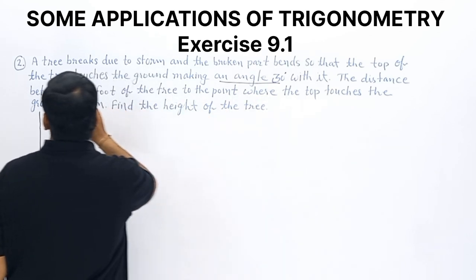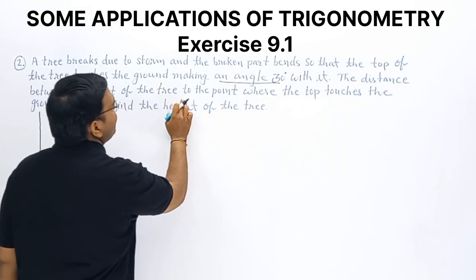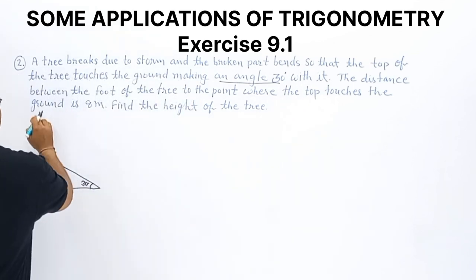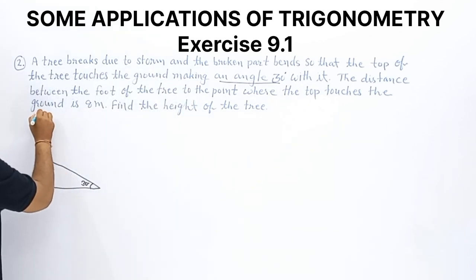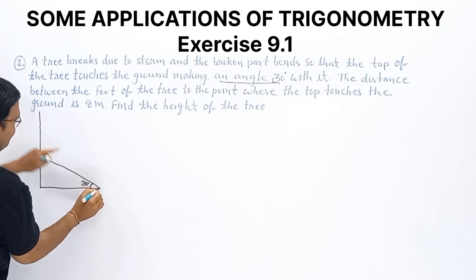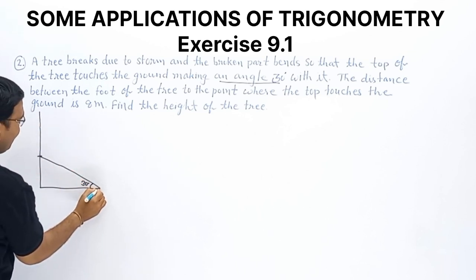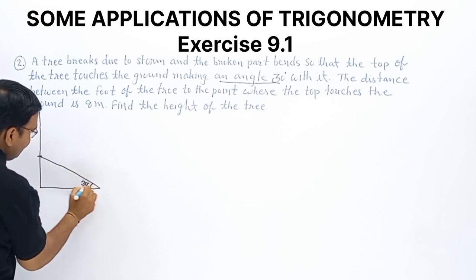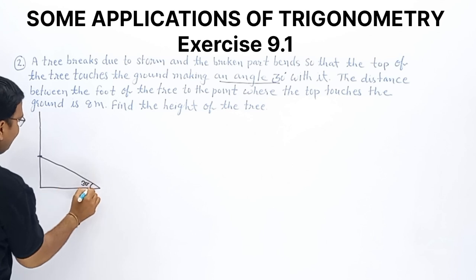The distance between the foot of the tree to the point where the top touches. This is the tree. Its top after breaking touches the ground and makes 30 degrees with the ground.